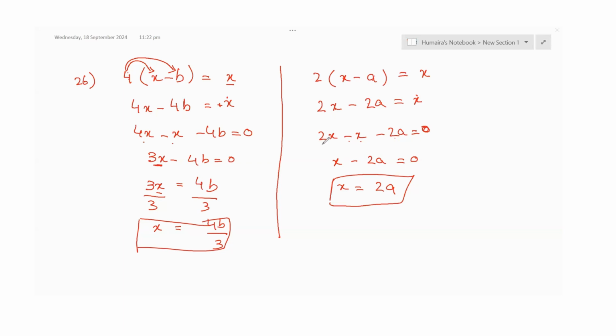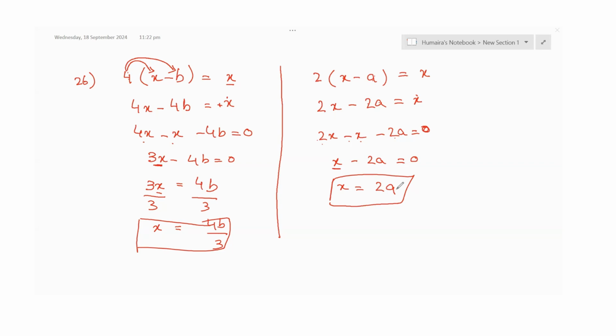Now these are the same variables, so they can be simplified. When we subtract them, we will have 1x only, and minus 2a as it is, equals 0. We want the value of x, so I will keep the x variable on this side, and I will shift this negative 2a to the other side to make it positive 2a. So this would be your final answer. Oh, okay, I understand now.